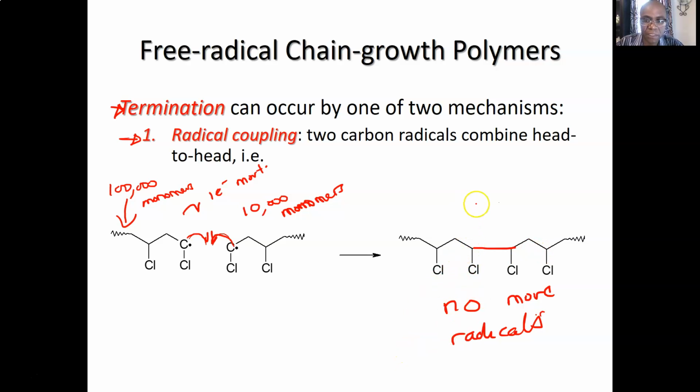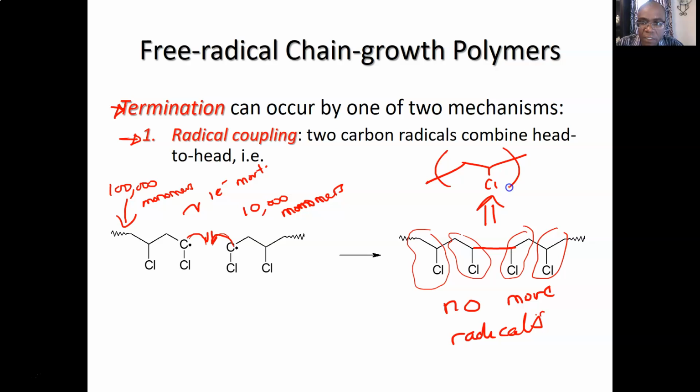So to represent this polymer, instead of drawing the 110,000 monomers in the structure, we usually just show the repeated unit. I see this is repeated, this is repeated, that's repeated. So to show the repeated unit, I'll just show a hanging bond and a hanging bond, and my n, the number of times the monomer is repeated.